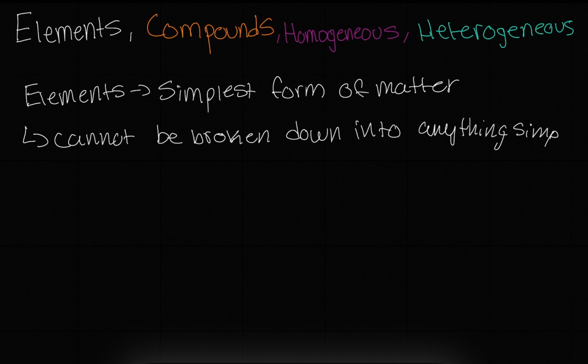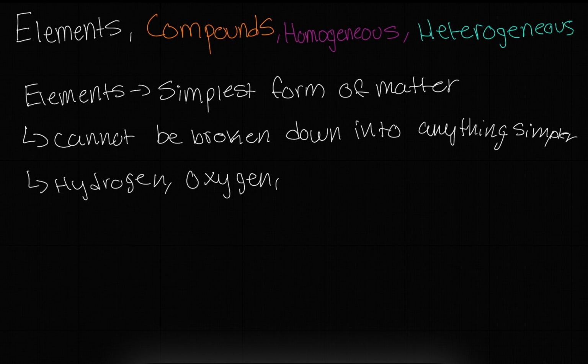So, what are some examples of elements? Elements are made of one type of atom. For example, hydrogen, oxygen, gold. These are all represented by symbols on the periodic table, and they cannot be broken down into anything simpler.